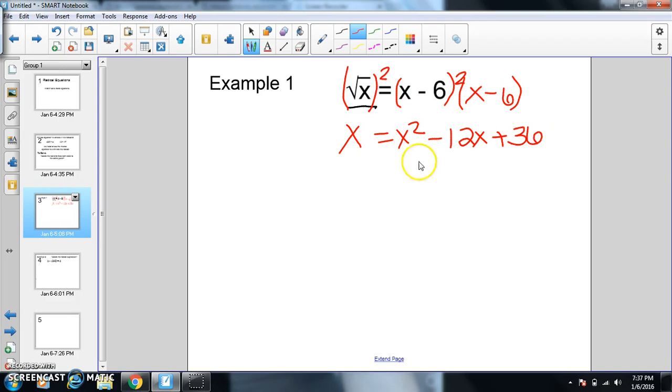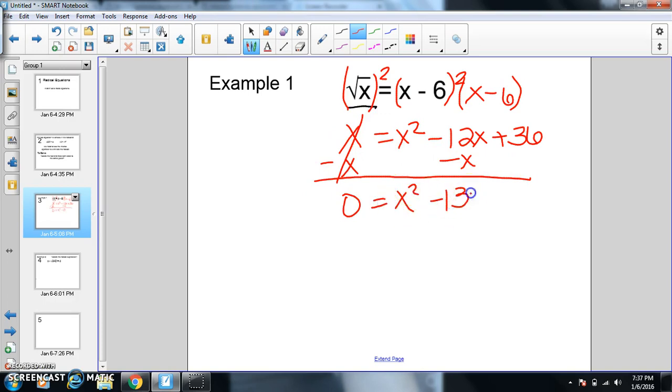Then we're going to make sure that everything is on one side of the equation so we can factor and solve. So we are going to subtract x from the left side, move it over to the right. We're left with 0 is equal to x squared minus 13x plus 36.